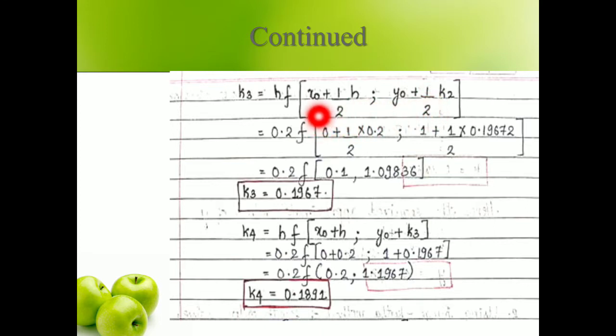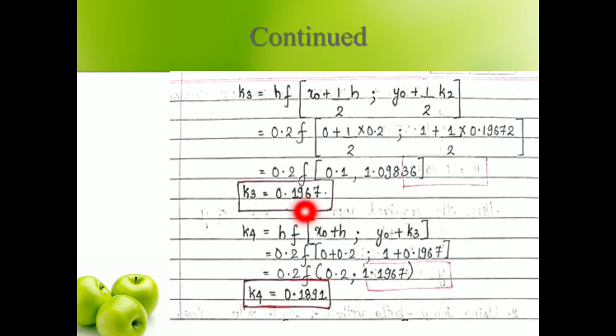Substituting the values of x naught, h, y naught, k2, we get 0.2 f of 0.1 and 1.09836. Substituting x value as 0.1 and 1.09 as y value in y dash, that is (y square minus x square) divided by (y square plus x square), after substituting there, you need to multiply by 0.2.